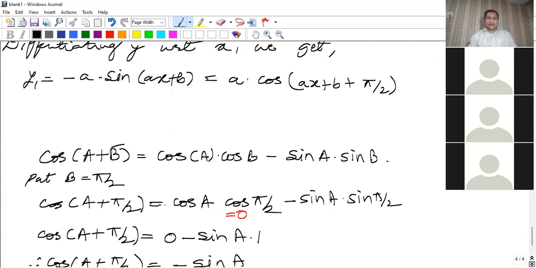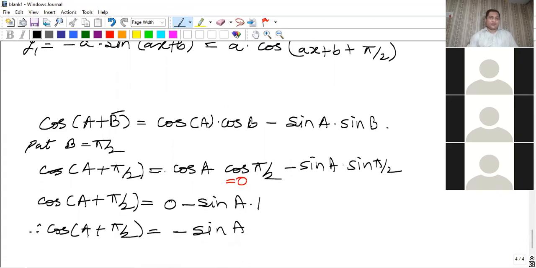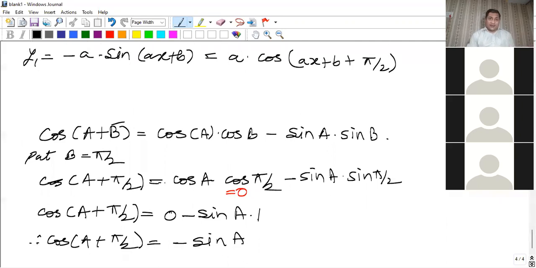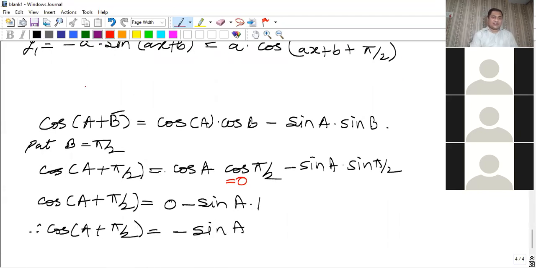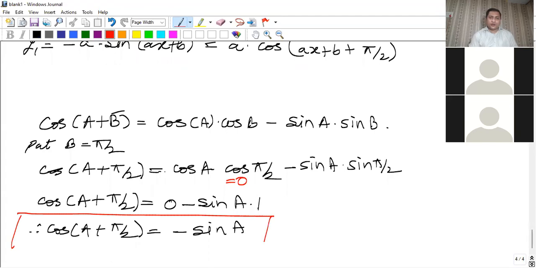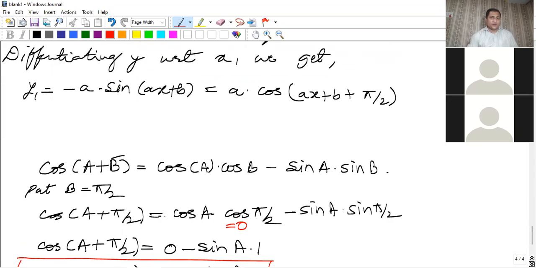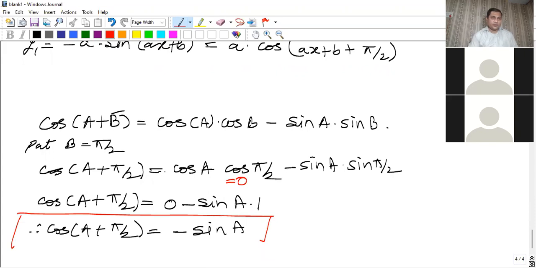Now this AX plus B is our A, and you can see cos of A plus pi by 2 is going to be minus sine A. So that means anytime I get minus sine A, I can add pi by 2 and convert it to the cos. Are you getting this? Okay, so this is the important formula that I'm going to use repeatedly.